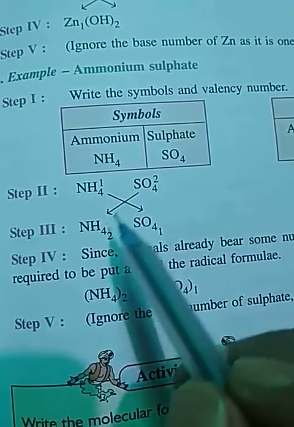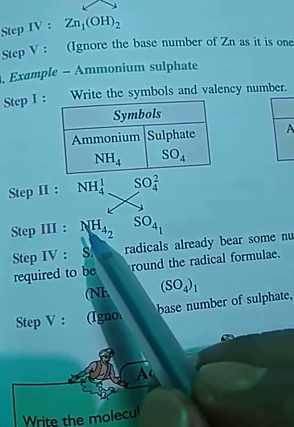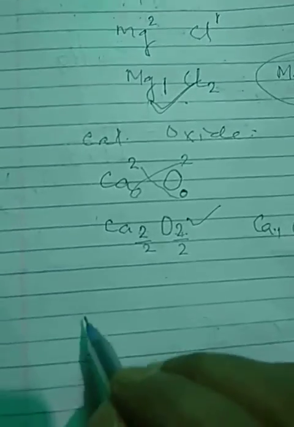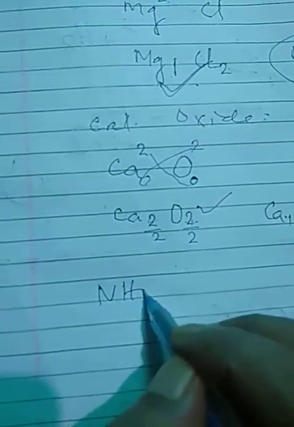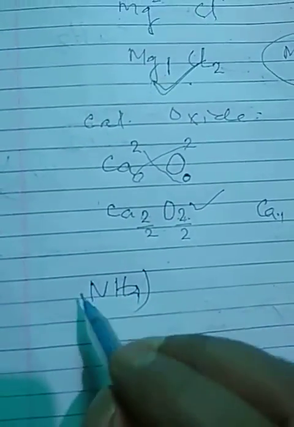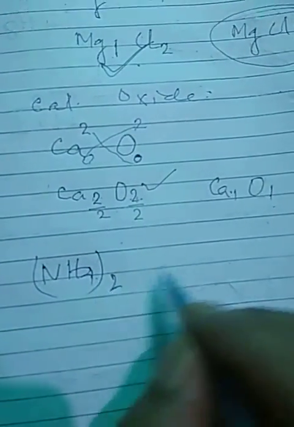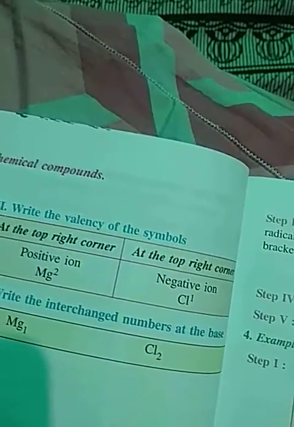So we interchange here. It will be NH4 2, or we can write it like this, (NH4) whole 2. This is ammonium sulfate.